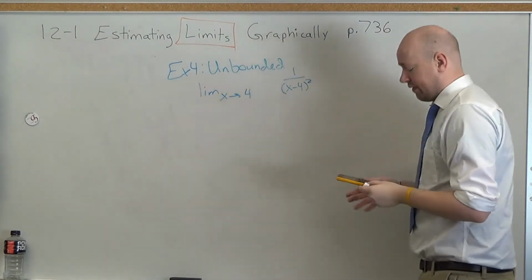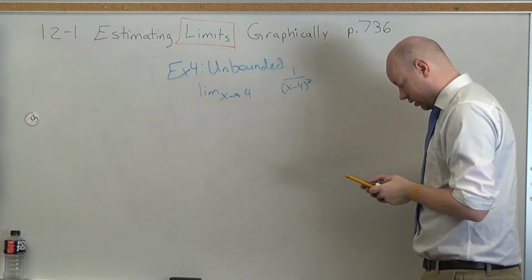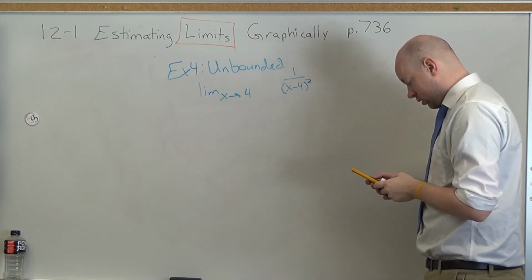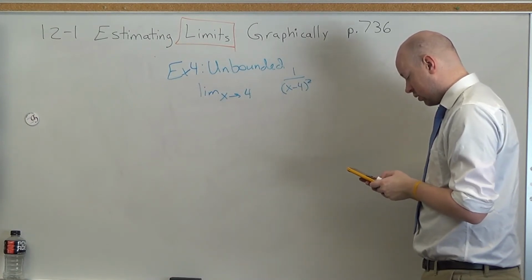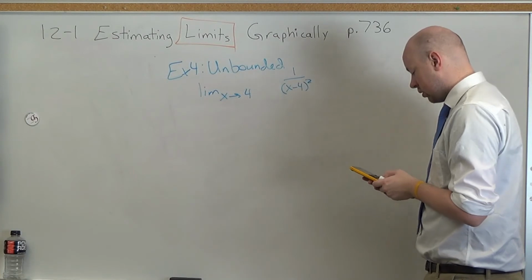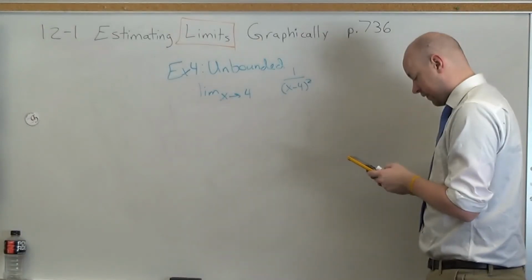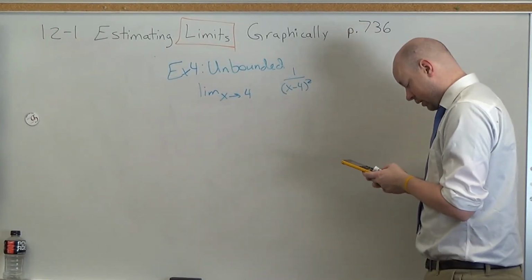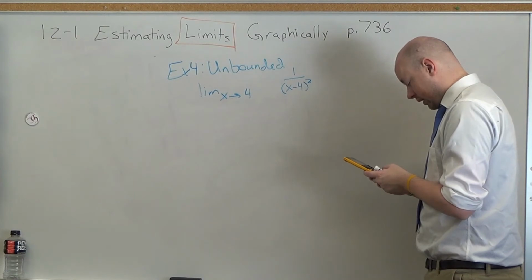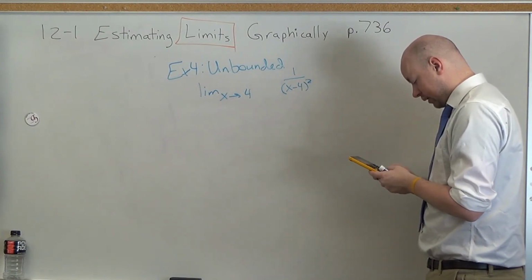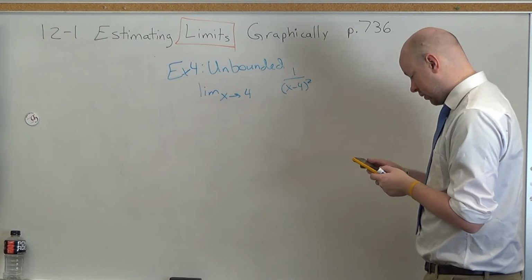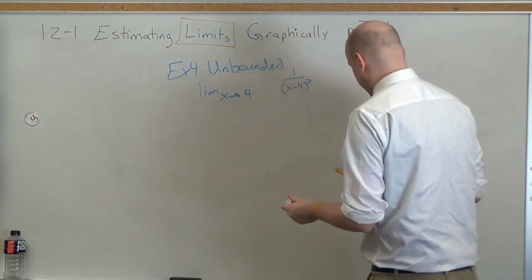Okay, anyway, I'm going to graph this, so just hold with me for a second. So I have 1 divided by (x minus 4) squared. Okay, as I thought.